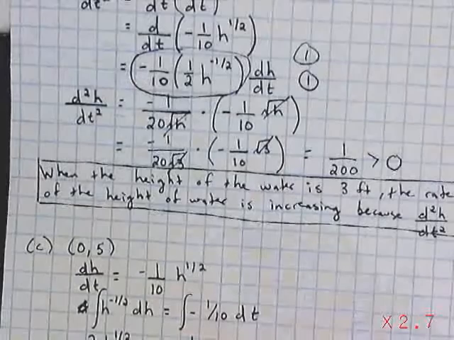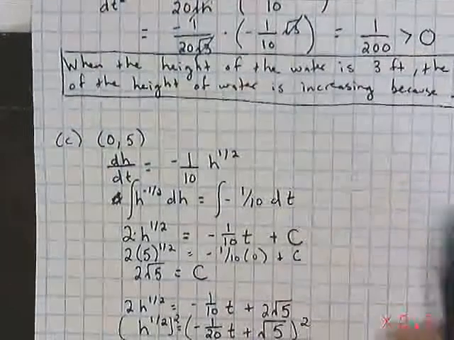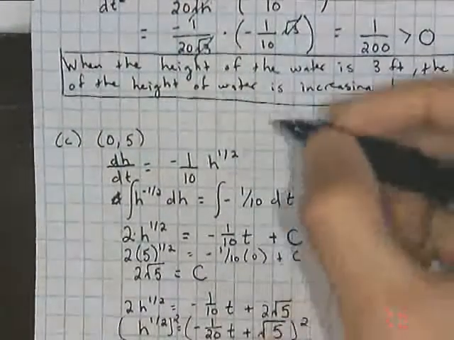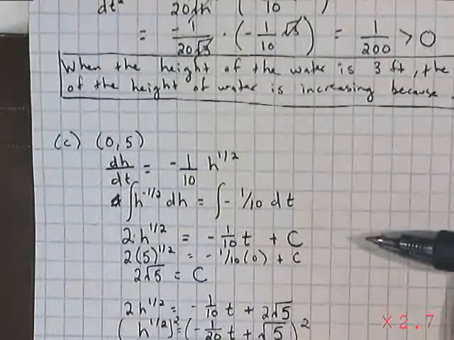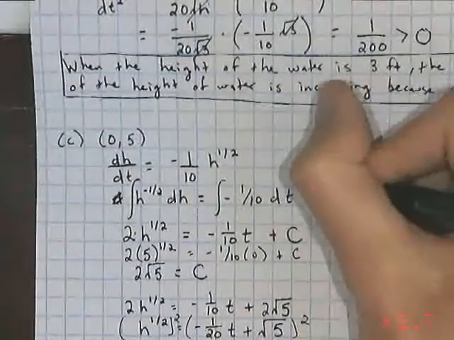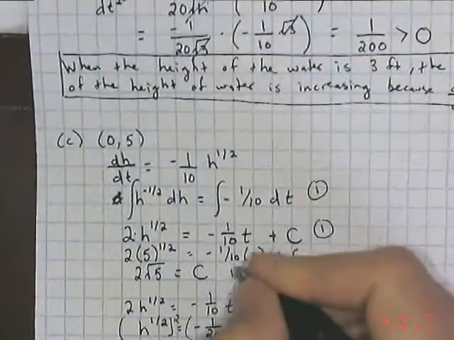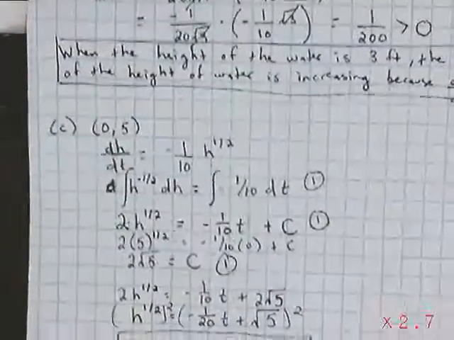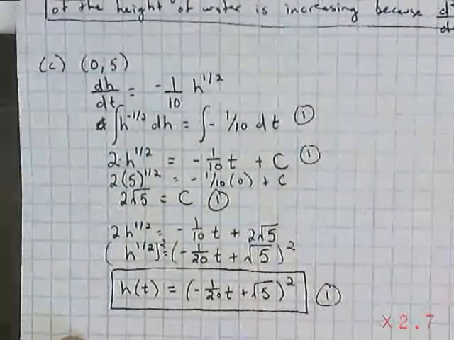On part C, the point breakdown was a point for separating your variables, a point for the correct antiderivatives, a point here, a point for c, and then a point for the correct expression of h of t.